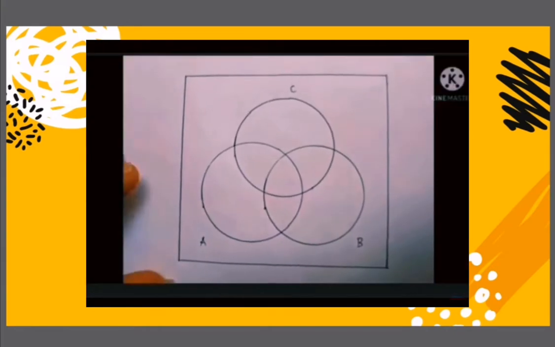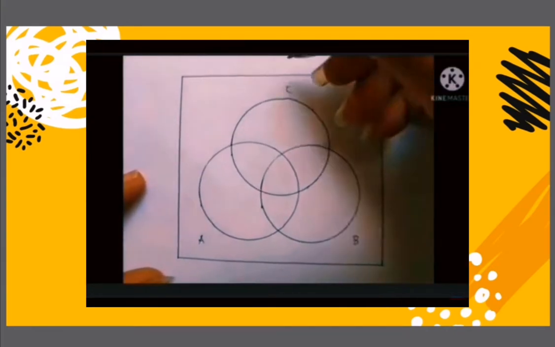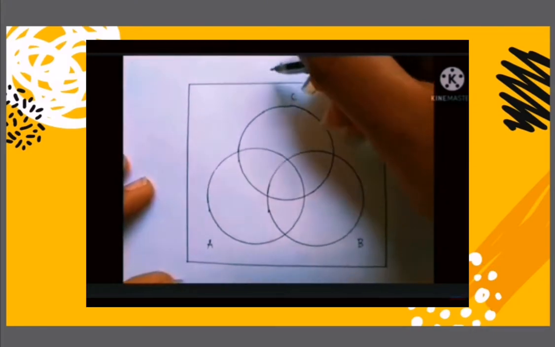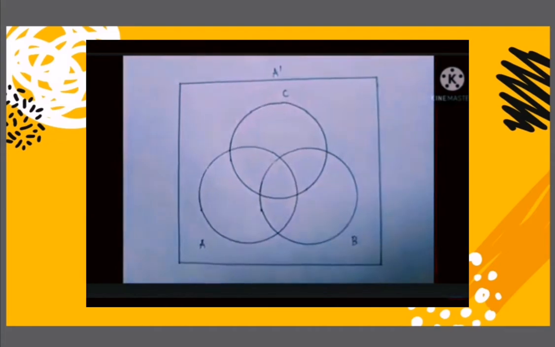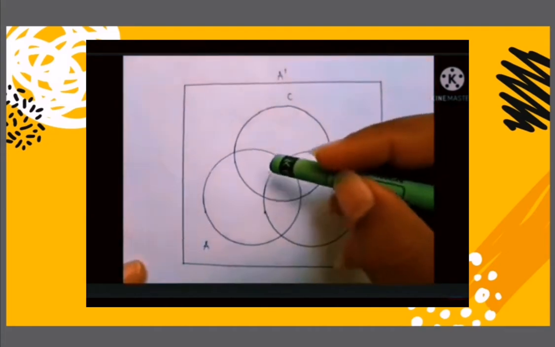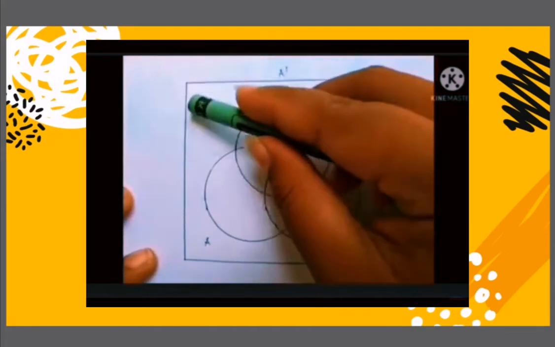In finding set A complement, we must shade everything except circle A, just like this.